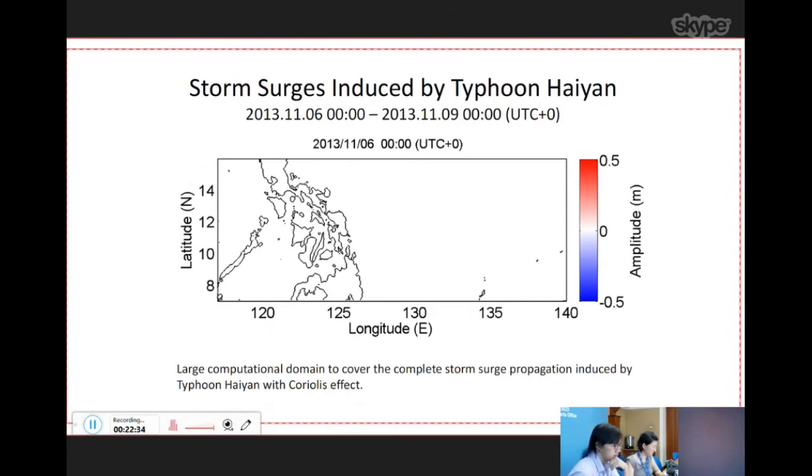You can see the water rising in these regions because of the pressure gradient, which is significant in deep water. But when the typhoon center is closer to the coast, the wind shear stress becomes significant.